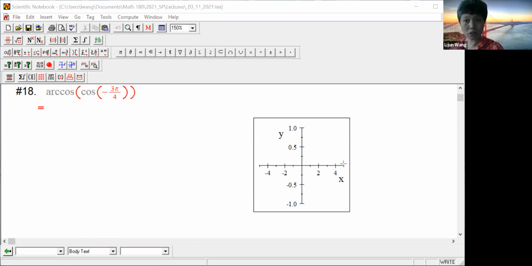From the standard position, that's A, R, R. You measure from here and you terminate where? In the 3rd quadrant. And this angle is negative 3 pi over 4.